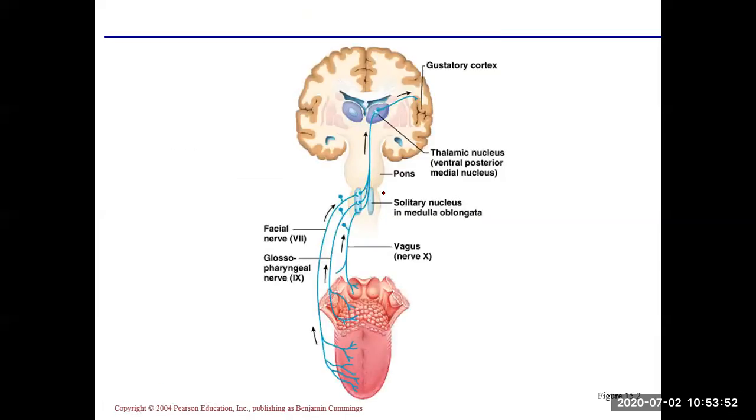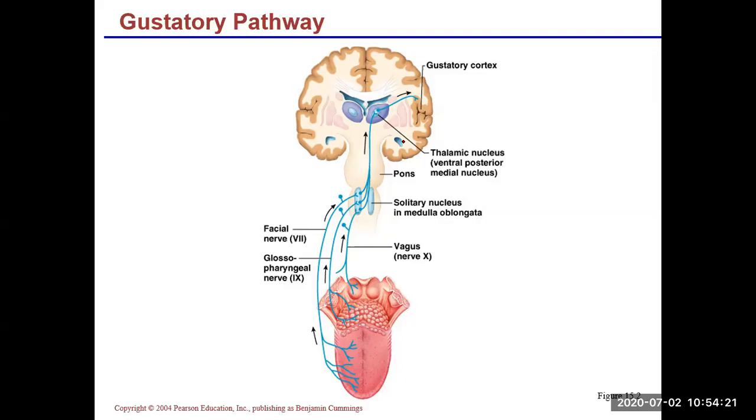And information from the various parts of our tongue where the receptors are located, we'll take that information and take it to the particular part of the brain that you studied in anatomy, the gustatory center, and then you'll be able to determine or interpret what is the interpretation of this signal.